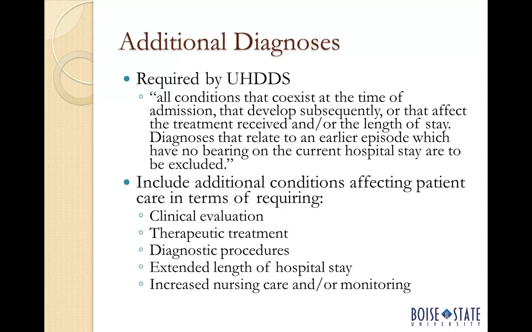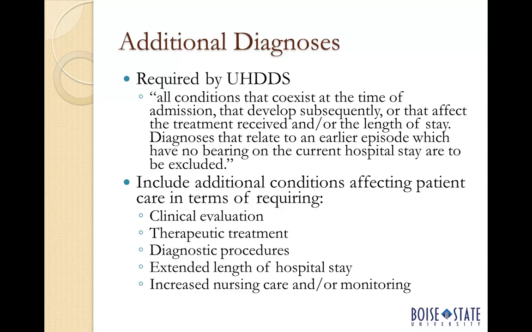Besides our principal diagnosis, we do have additional diagnoses, and these are also required by the UHDDS. Here's our definition: all conditions that coexist at the time of the admission, that develop subsequently, or that affect the treatment received and/or the length of stay. Diagnoses that relate to an earlier episode which have no bearing on the current hospital stay are to be excluded.